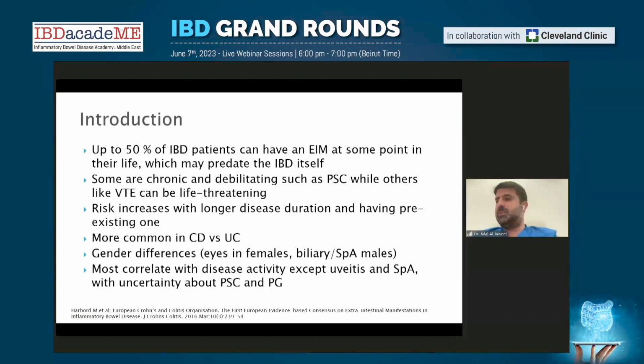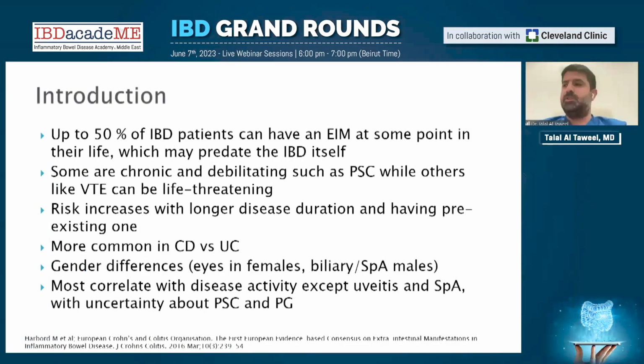So as we're all aware, extraintestinal manifestations are pretty common in IBD patients, and we really have to ask about them in each of our clinic visits. Up to half of our patients can have some kind of extraintestinal manifestation, and some of them may even predate the IBD, and you can have a variety of them. Some of them can be more acute, like a venous thromboembolism, and some can be chronic and debilitating, like primary sclerosing cholangitis.